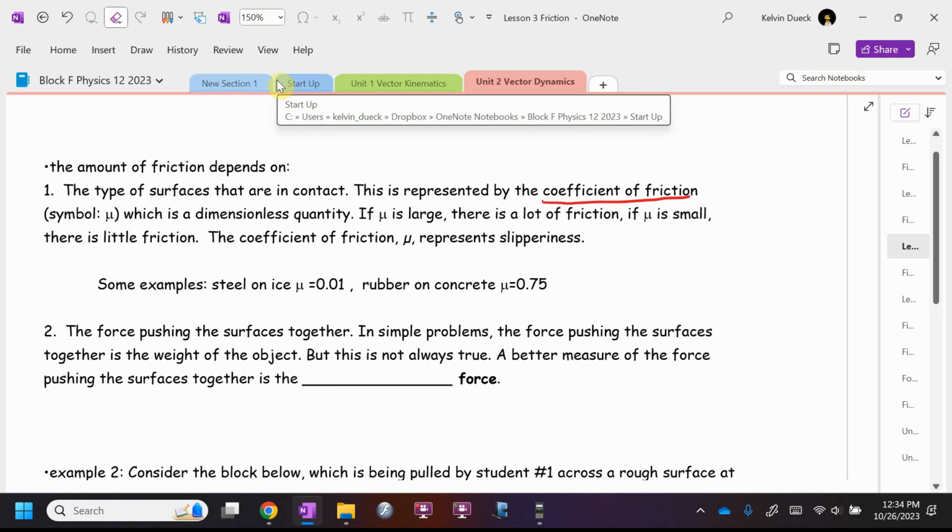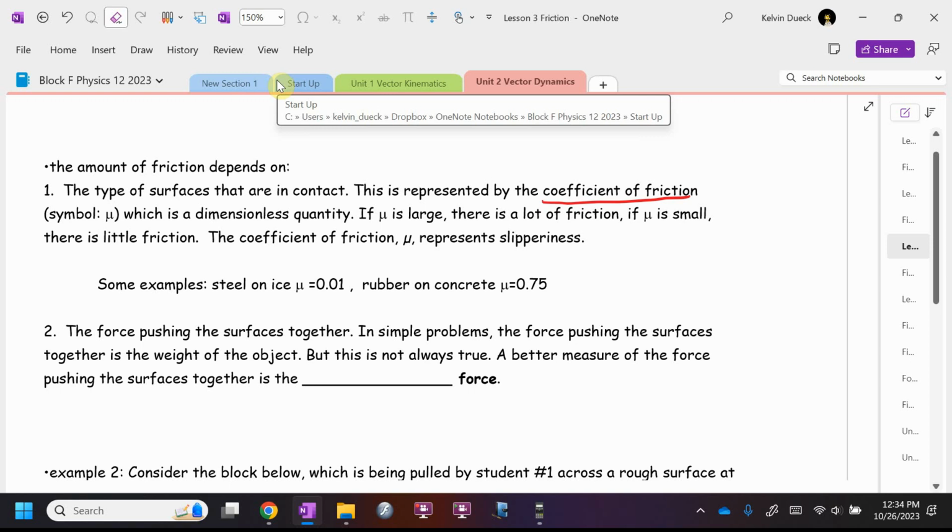If you push down, it's way tougher to slide. So we thought about it last year. Yes, it is true that a heavier object is tougher to slide, but instead of mg, what was a better force to use? What was friction equal to? Mu times the? We went with the normal force.